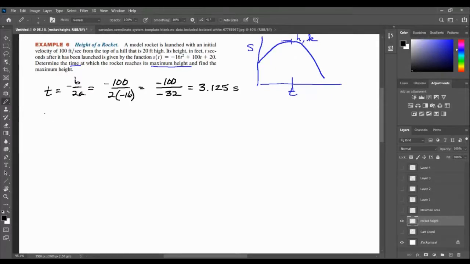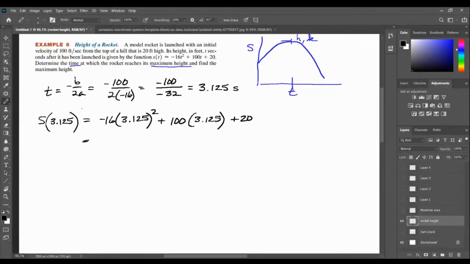What is the maximum? Well, let's go ahead and plug that in. So we want S of 3.125, which is negative 16 times 3.125 squared, plus 100 times 3.125, plus 20.